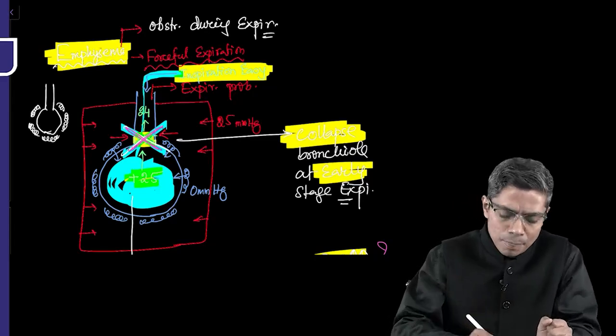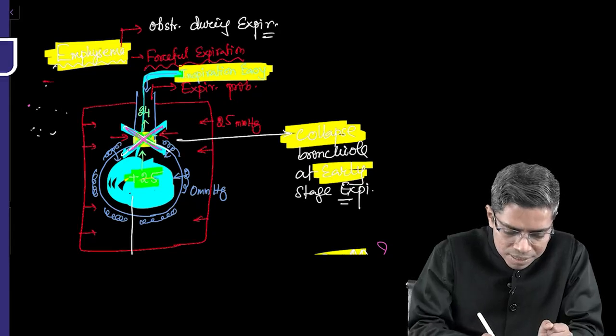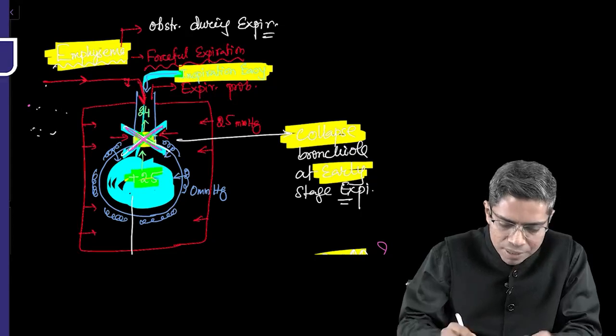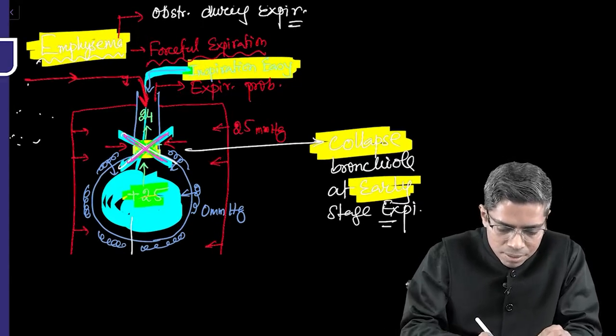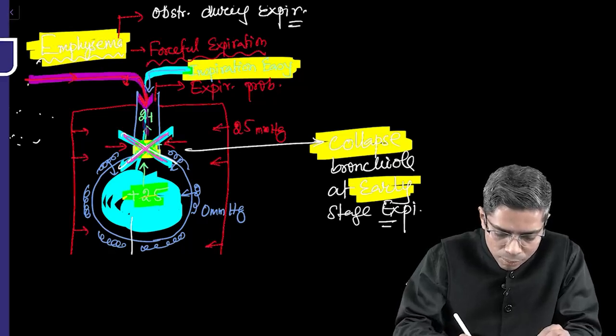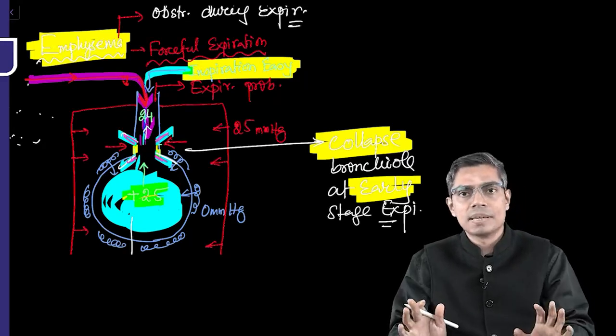If I give a positive pressure from this region, and that positive pressure is pushed inside this lung, inside these bronchioles, what will happen? This positive pressure can open up these bronchioles, and the expiration may continue for a long time.